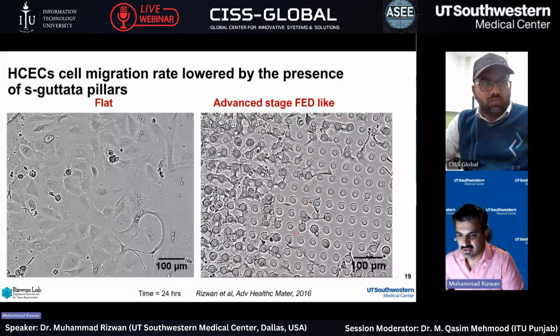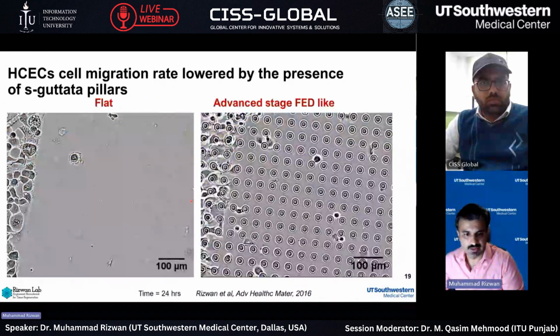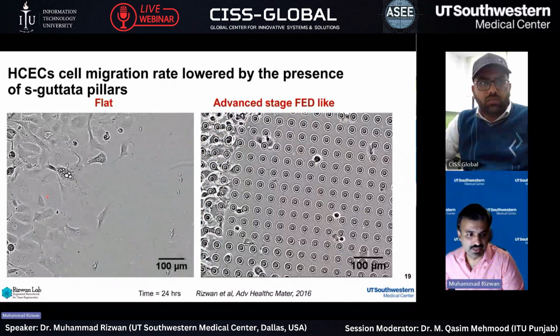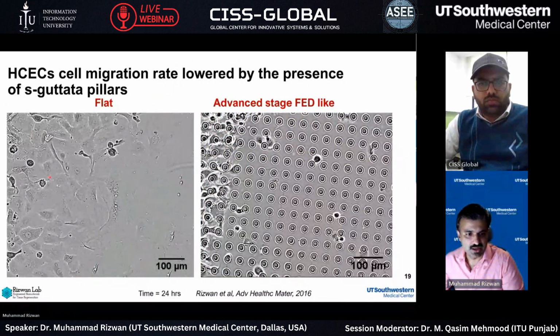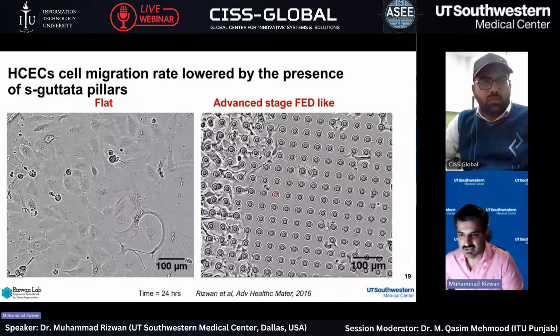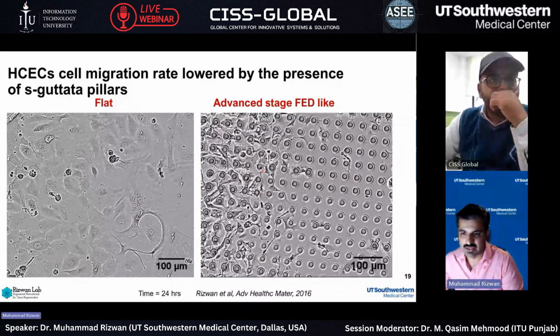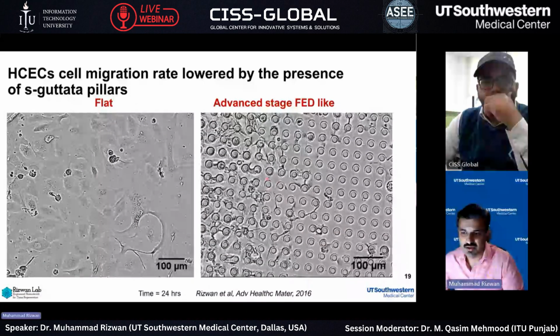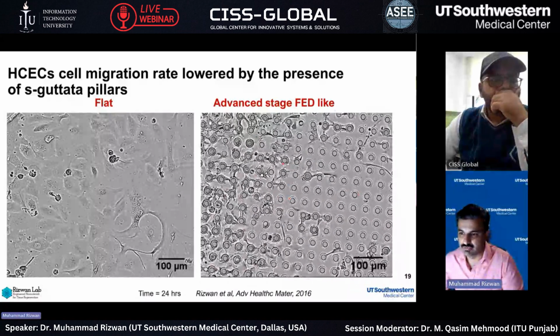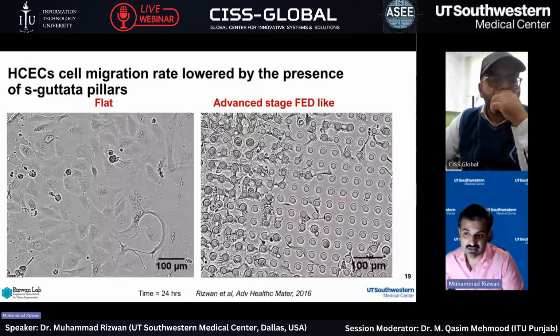If I can play again, you see that the cells are more polygonal in shape in this case, and they are fully covering the surface. But in this case, it's the same time period, a 24-hour video, the cells are more elongated. And even after 24 hours, they have not fully covered all the field of view here. So it means that these structures really obstruct or inhibit the migration of these cells.